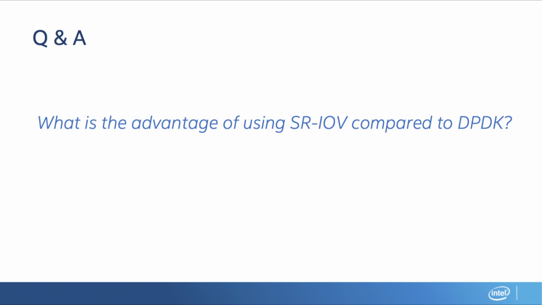And DPDK is a packet processing framework that you can then run inside the VM. So SRIOV is useful in terms of virtualization. It's meant for passing your physical functions or virtual functions to VMs. So DPDK can be used to get packets from an SRIOV virtual function. It can be run on the host as well as the guest.